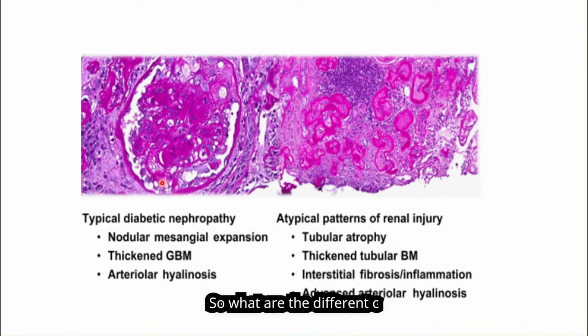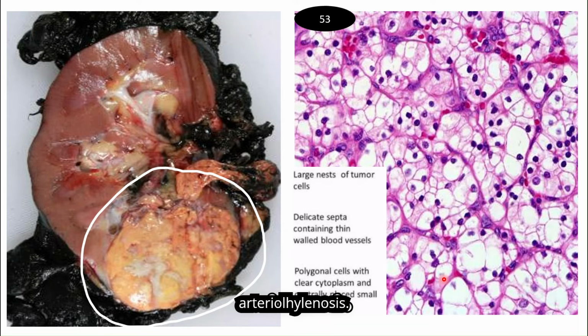So what are the different changes in diabetic nephropathy? One is Kimmelstiel-Wilson nodule or nodular mesangial expansion. Second, thick basement membrane of glomeruli as well as tubule, and arteries show hyaline arteriolosclerosis. Sometimes you may see tubular atrophy, tubular basement membrane thickening, fibrosis, inflammation, and advanced arteriolar hyalinosis.